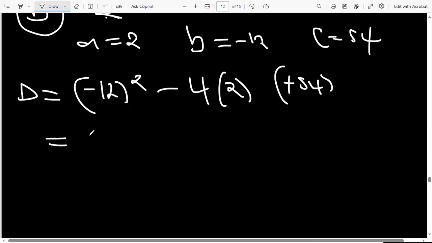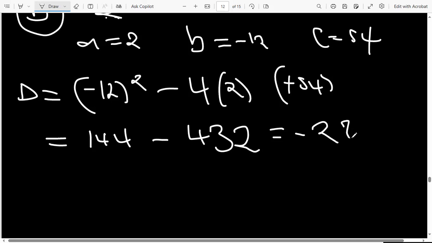Minus 12 squared will be 144, and then minus 4 multiplied by 2 multiplied by 54 gives 432. Then 144 minus 432 will give you a minus 288.